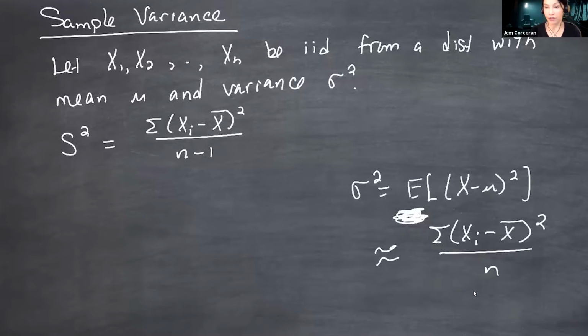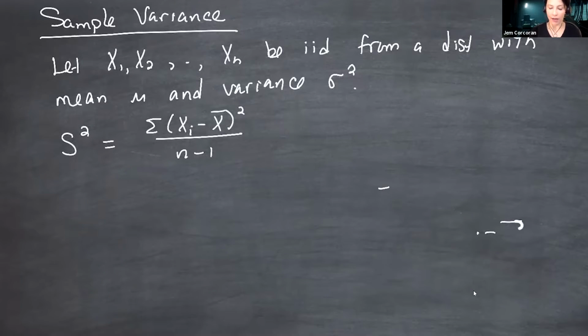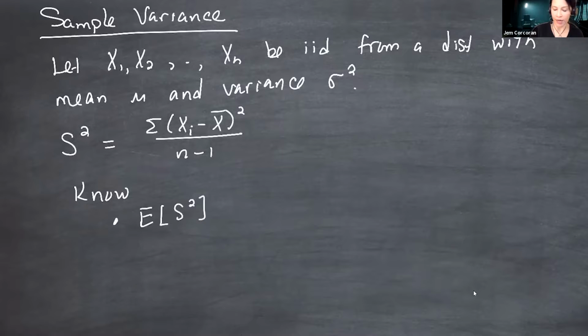That looks more reasonable, more common sense, but we did show that if you take the expected value of this and run it through, you won't quite get sigma squared. So we had to change this n out for an n minus 1 to make this an unbiased estimator of sigma squared.